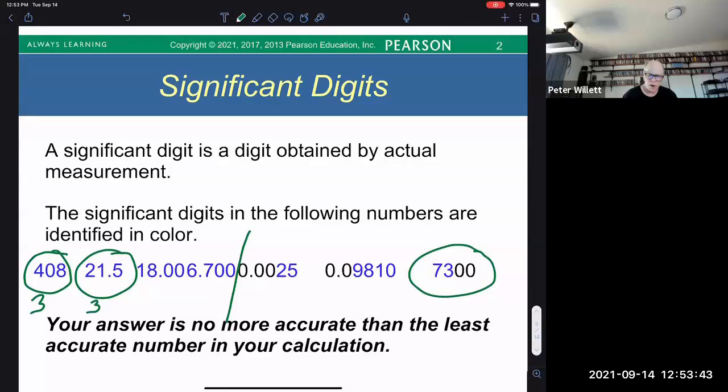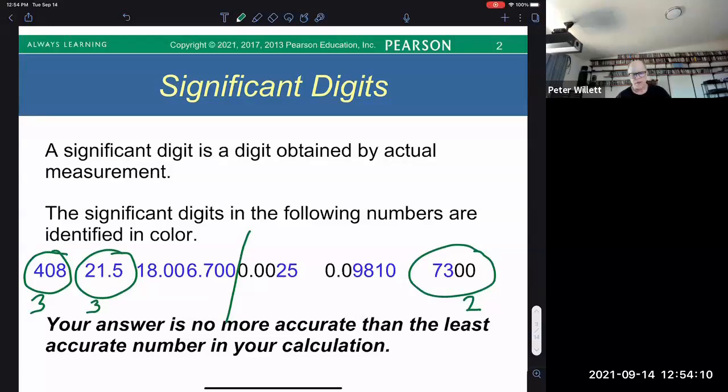But with this number all the way on the right, 7,300, there are zeros on the right of the number, and those are not identified with the blue color. So in this number, they're saying there's only 2 significant digits because they've only highlighted the 7 and the 3, even though the number itself is 4 digits long.